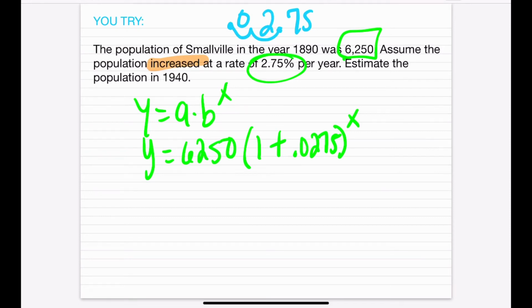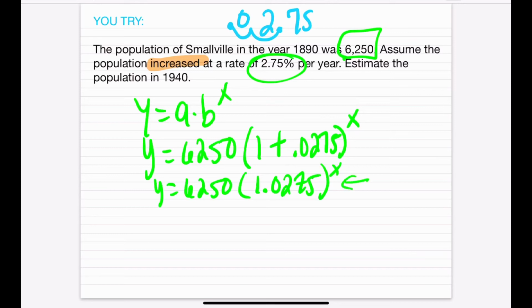So let's leave this one like this. I don't want to go back and use the calculator for that. To add those, well, here, we'll need a calculator for this. Y equals 6,250 times 1.0275 to the power of x. So here's the equation. Now let's answer the question. Estimate the population in the year 1940.